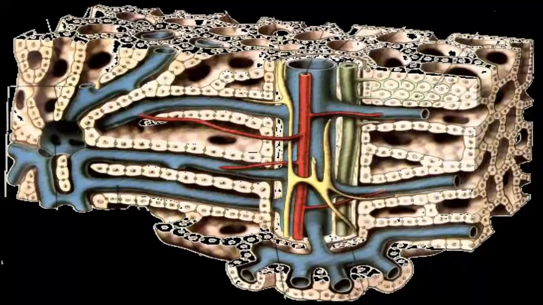This is the look of the liver in a gross picture, and this is a 3D demonstration of how the hepatocytes are arranged in plates, the hexagons of the hepatic acini, the portal triads carrying a branch of everything, and the central vein in the middle of the hepatic acinus.